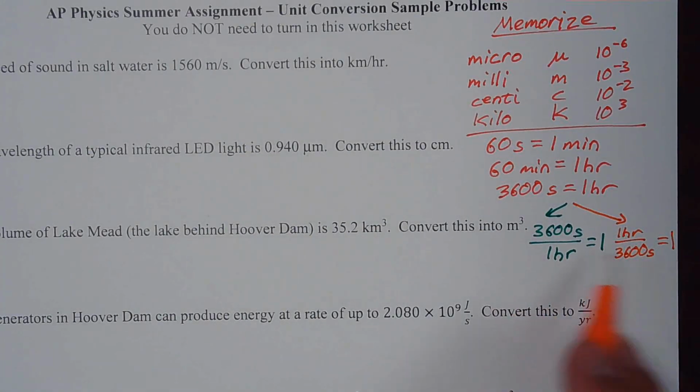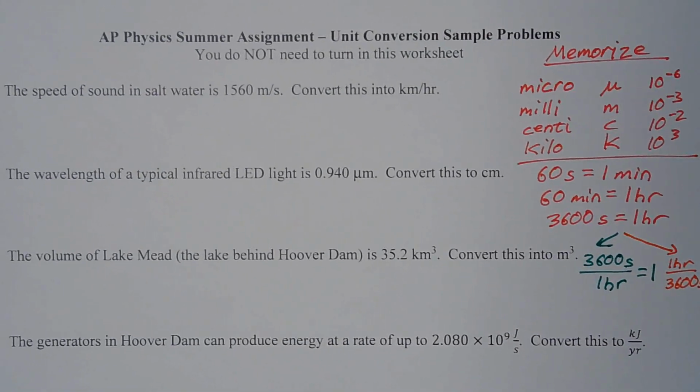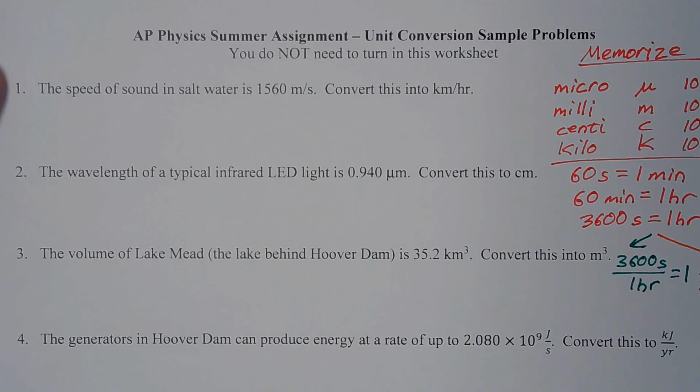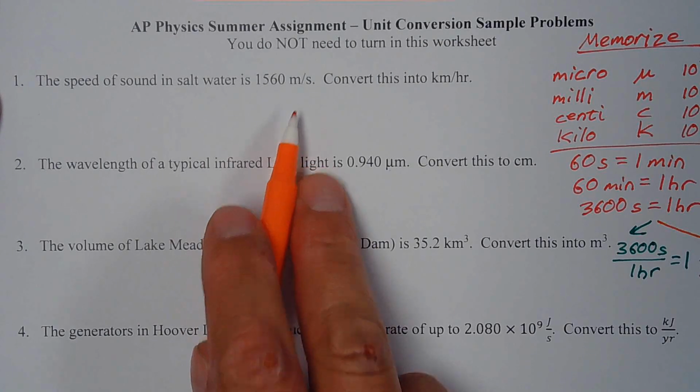So these are two different fractions which have equivalent quantities on top and bottom, and that makes it equal to 1. Remember that in multiplication, multiplying by a unitless 1 does not change the value of the quantity you're manipulating. That's overall the goal of unit conversions: to change the units without changing the fundamental value that you're measuring.